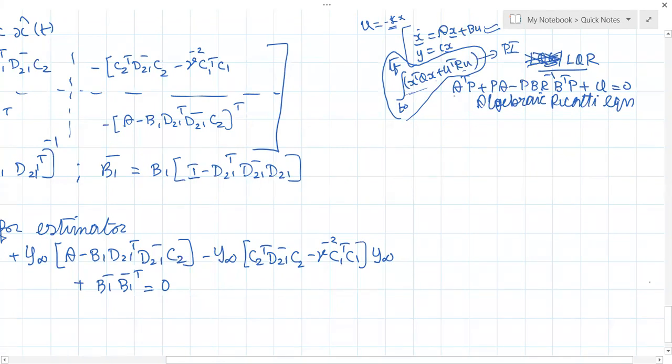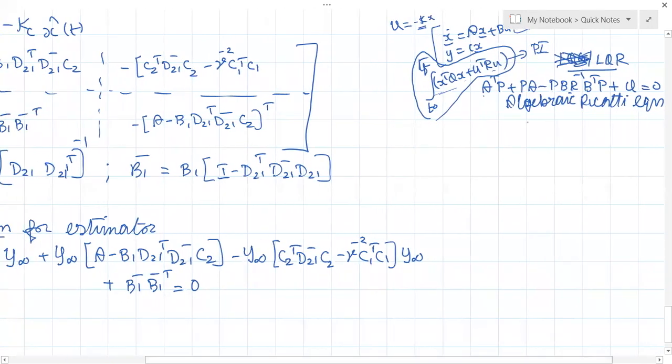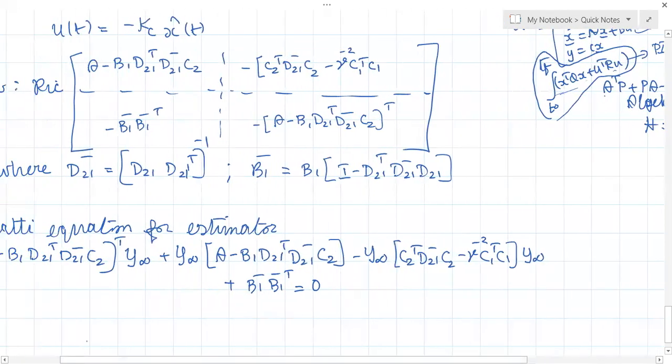In a similar form you can correlate here. This can be written in Hamiltonian form: A, minus B R inverse B transpose, minus Q, and minus A transpose. A is the A matrix here. For our purpose, our A is this thing.